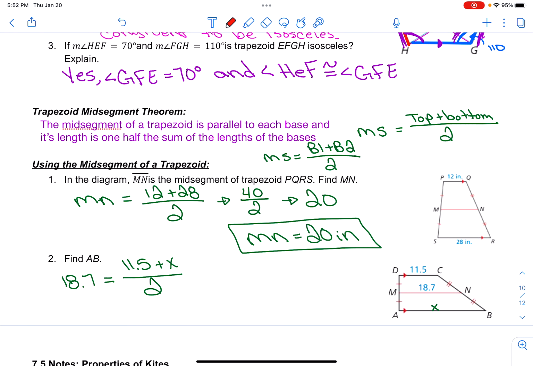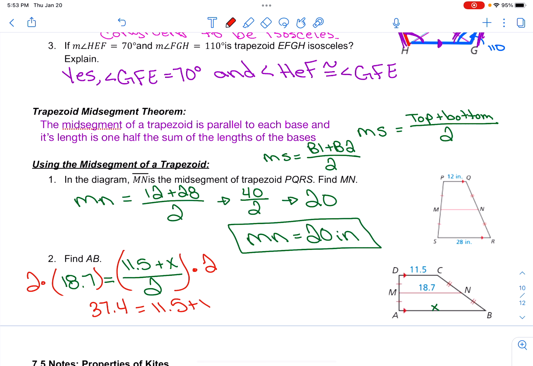So I kept the same mid-segment formula. I just had to plug in the things that we knew instead of actually trying to find that mid-segment. So at this point, we need to solve for X. So first thing that we're going to have to do is get rid of this fraction. So we're going to multiply both sides by 2. So then that is going to give us 37.4 equals 11.5 plus X, right?